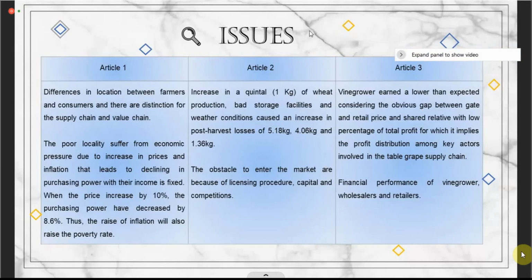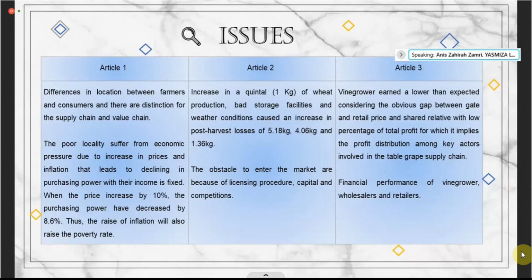So, ask your audience, ask your friend how to solve the problem. What's your opinion? Okay, macam mana?